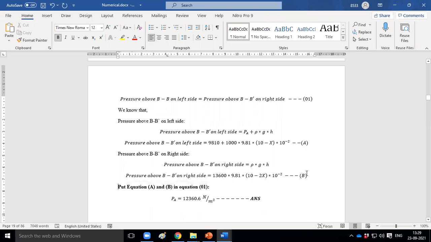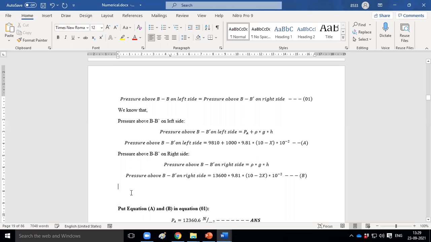And what we need to do is equate equation A and equation B. Why do we need to equate equation number 1 and equation 2, equation A and equation B? Pressure on both sides is the same. Yes, the statement needs to change slightly.